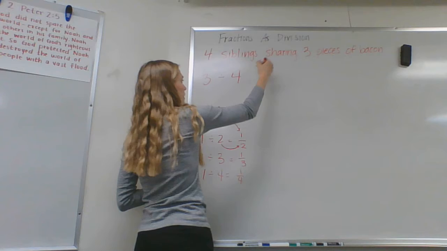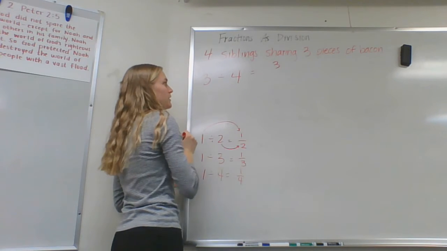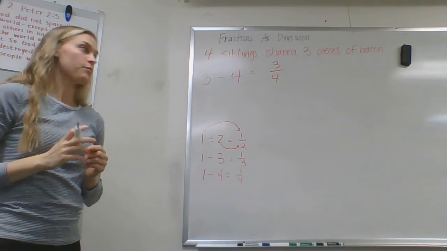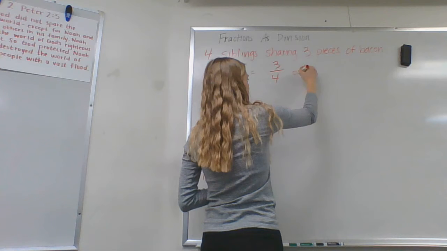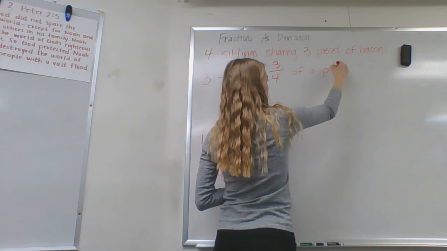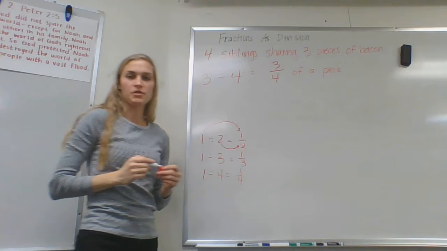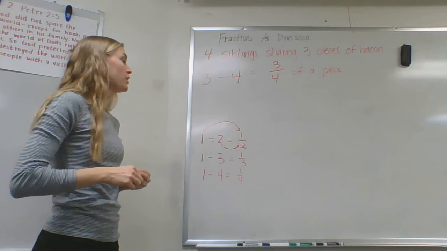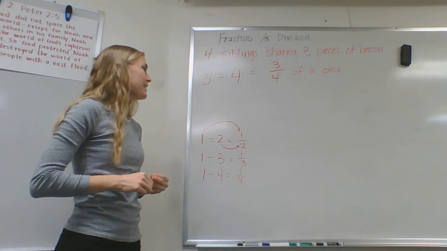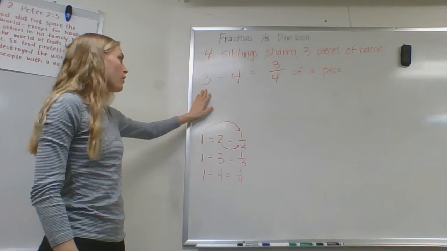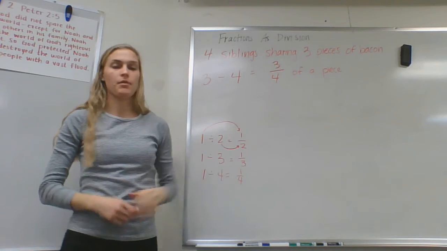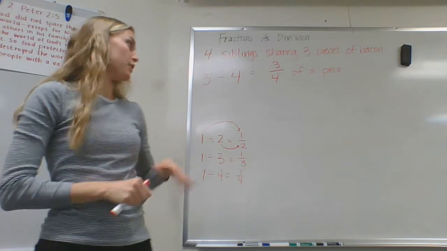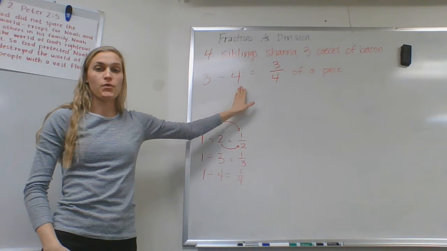So 3 will be our numerator, that's the dividend, and 4 will become our denominator. And so this tells us that the answer would be 3/4 of a piece of bacon, which is how much each sibling would get. They wouldn't quite get a whole piece because there's less bacon than there are people. So they each get 3/4 of a piece of bacon. So this works for all fractions. This means 3 divided by 4, which is why each sibling would get 3/4 of a piece of bacon, because we need to do 3 pieces of bacon divided by 4.